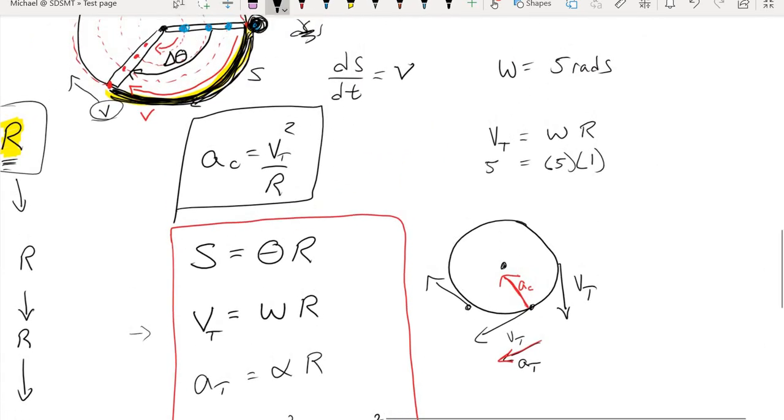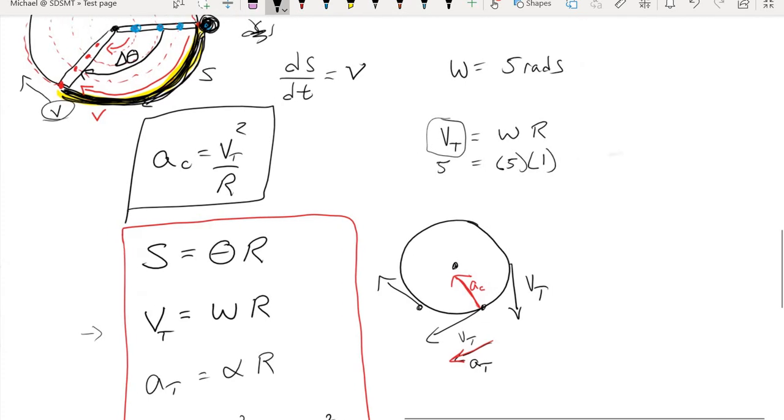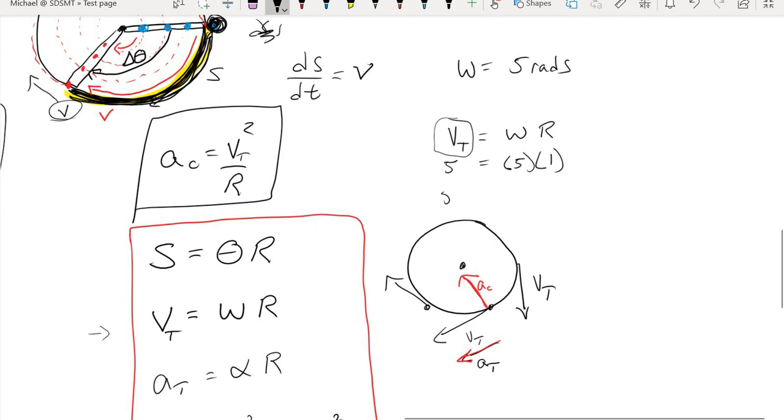Well, over here we've got linear measures, so this is going to be 5 meters per second. So any point along the far end of that meter stick has to be traveling at 5 meters per second as it goes around that circle.